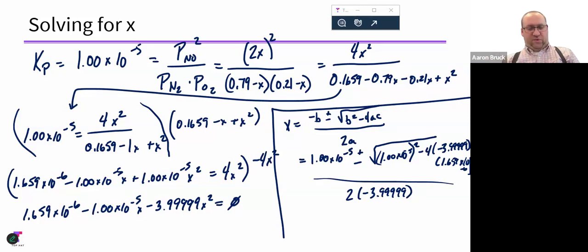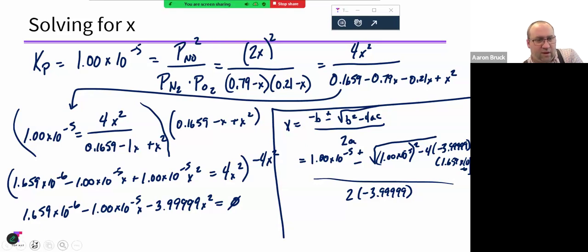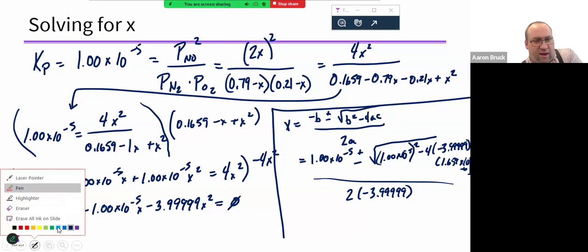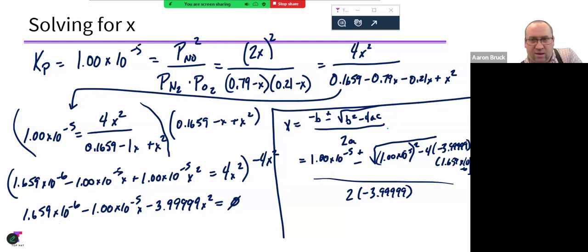And then taking the square root, I'm getting 5.15 times 10 to the negative third out of that mess in the square root. And that's after taking the square root.